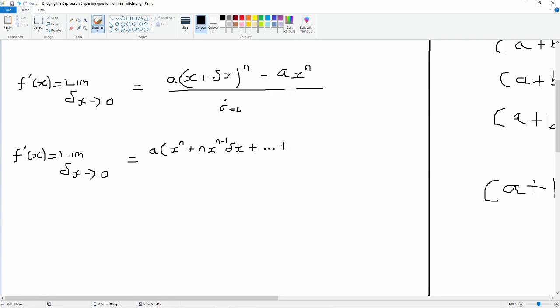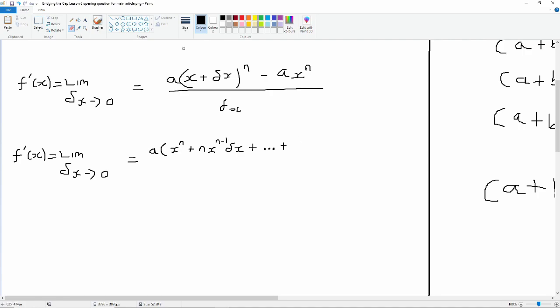Indefinite. I kept wanting to say infinite, and I didn't want to say infinite. I want to say indefinite. An indefinite number of terms, depending on how big n is. And then it's all going to end with b, not b, because b is delta x.